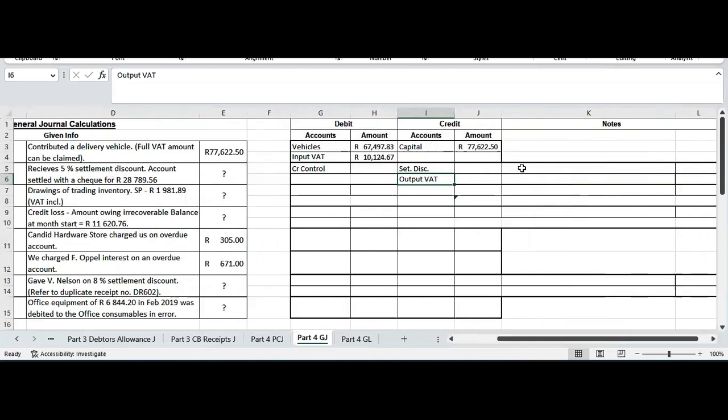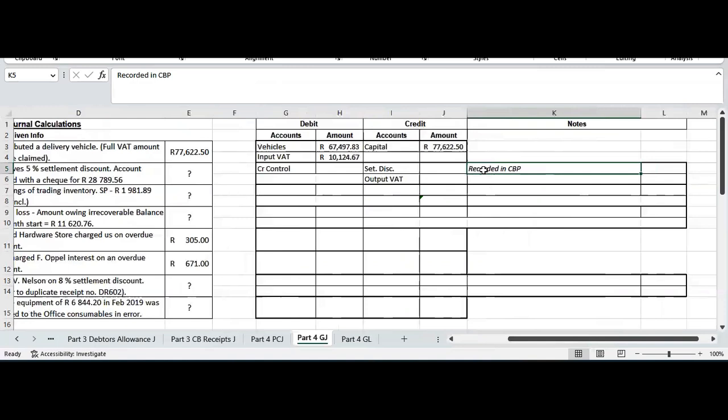So how does that work? What we know is that when that payment by check was made, it was recorded in our cash book payment. We have to ask ourselves, what is the amount that was recorded in our cash book payment? Well, that is obviously the amount given, because we paid with a check for 28,000.